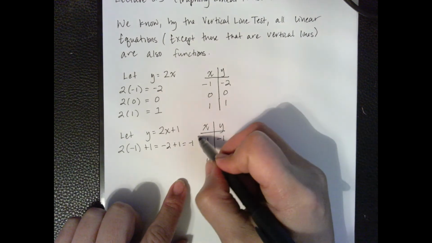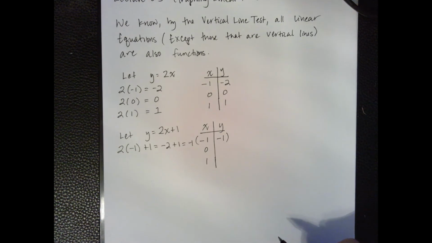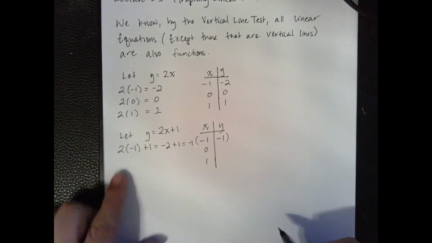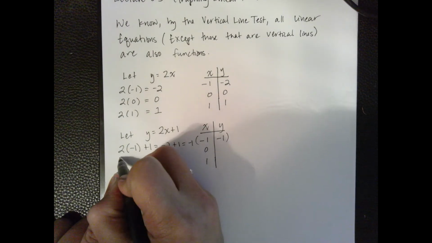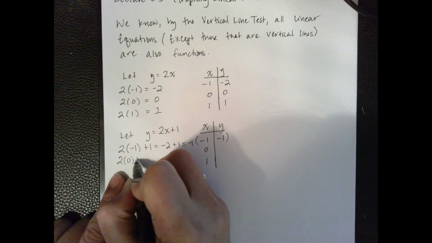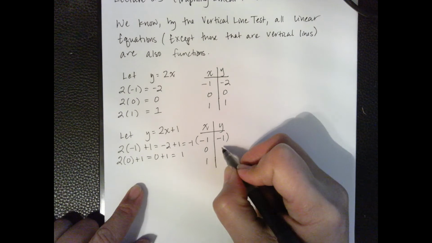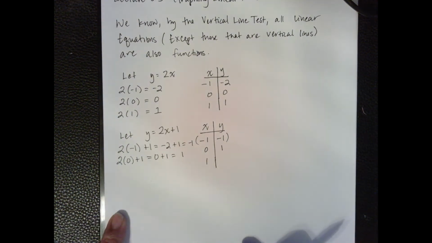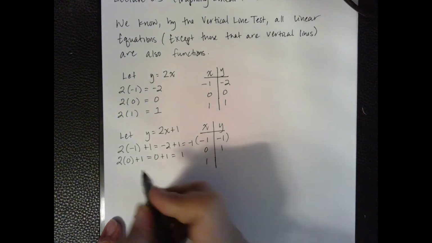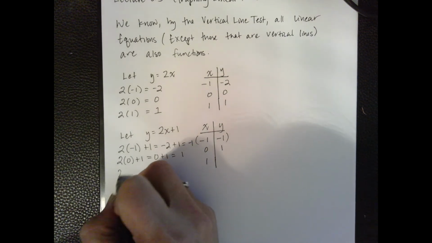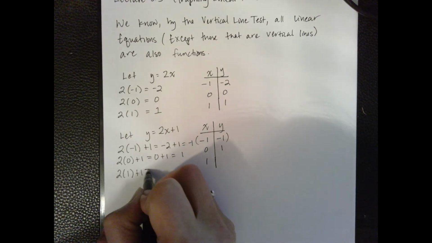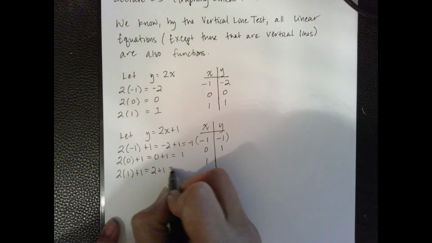Here I have the point -1, -1. If I let x be 0, I have 2 times 0 plus 1, that equals 0 plus 1, so I get plus 1. If I let x be 1, I have 2 times 1 plus 1, and that's 2 plus 1. That gives me 3.